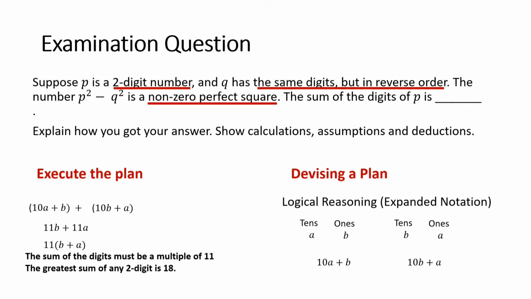If both statements are true, this means that the value for this two-digit number that satisfies all these conditions would be 11. And so therefore, you can conclude the sum of the two digits is 11.